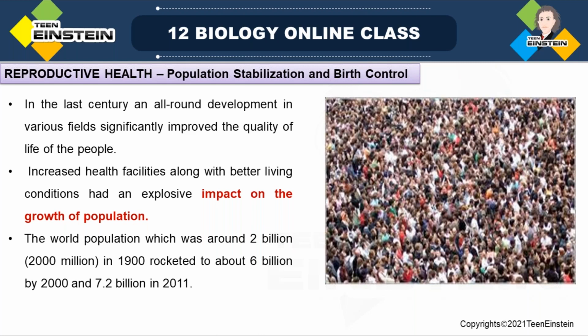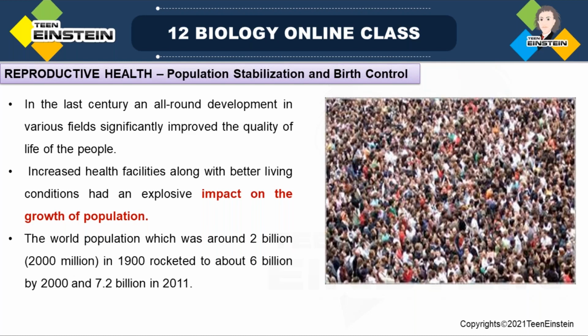All these things have a very good impact on the growth of population, right? In earlier centuries, diseases were more. Now we are able to control that because we have a proper medical team to help us. So there is a better condition compared to last centuries.